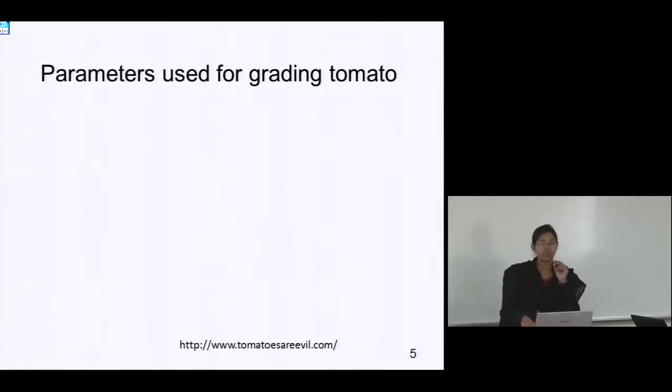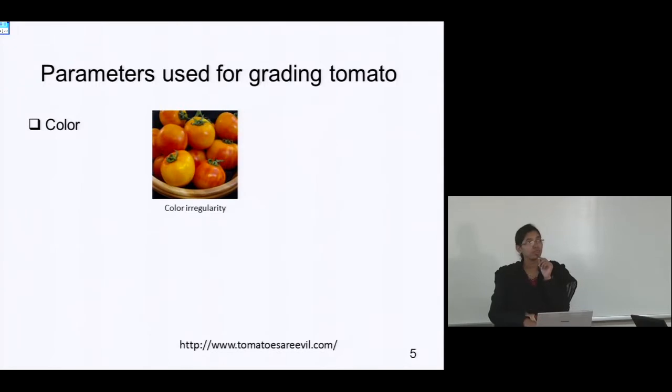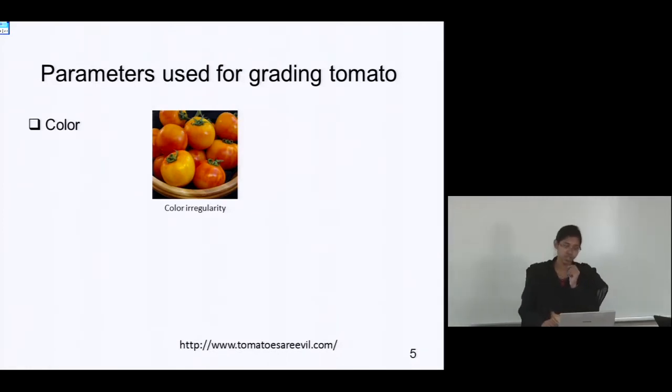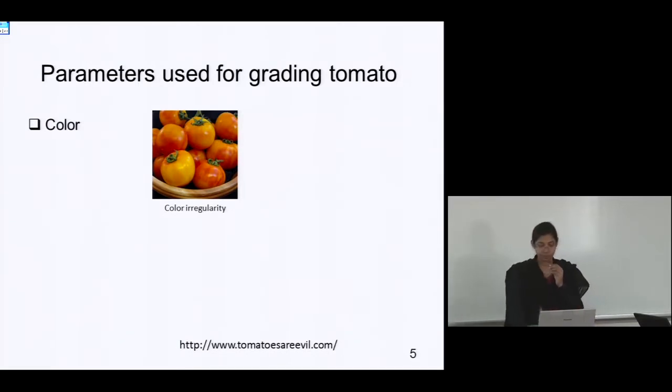Then the parameters used for grading tomato. At first, color. In these slides we can see there is color irregularity. Sometimes color is dark, sometimes color is light. Color is derived from the values of pixels obtained from the colorimetric conversion, and color irregularity is also derived from the pixels obtained and the distribution of a given pixel.